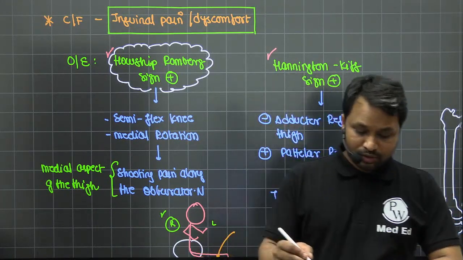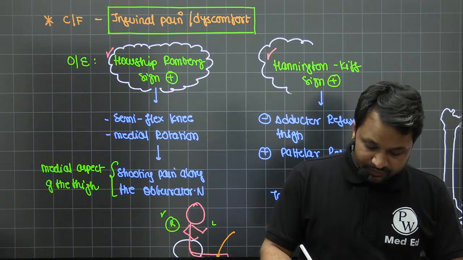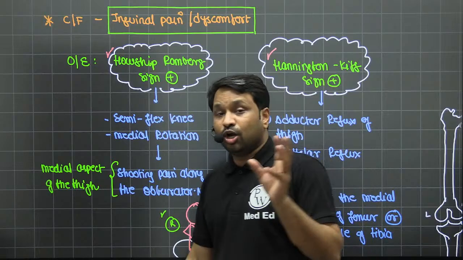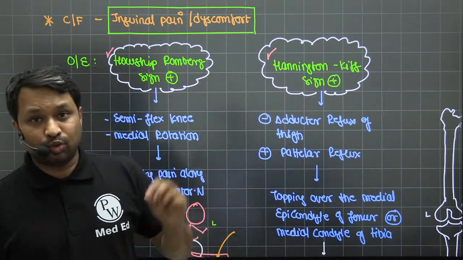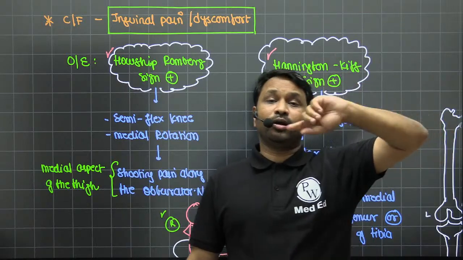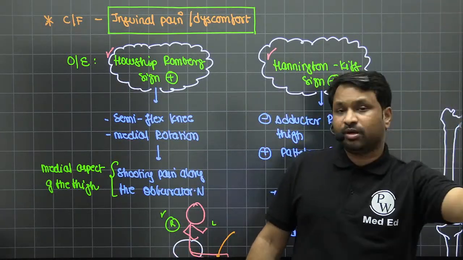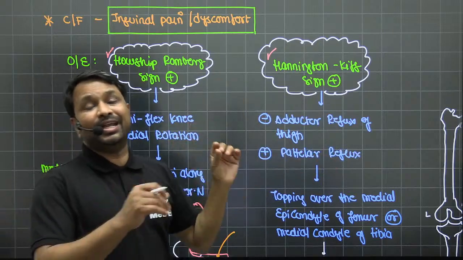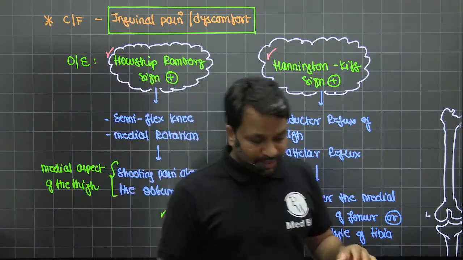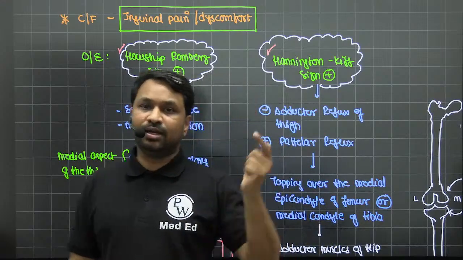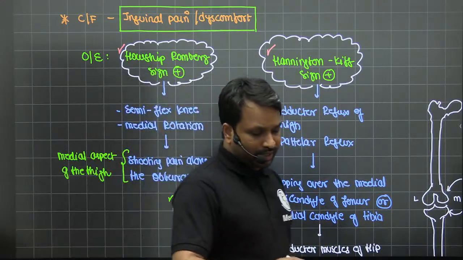That is your Howship-Romberg sign. The Hannington-Kiff sign basically checks the adductor reflex. The adductors of the hip get stimulated when you tap on the medial epicondyle of the femur, or the medial condyle of the tibia. When that is stimulated, it again tells you there is obturator nerve compression. So two important signs clinically, Howship-Romberg sign and Hannington-Kiff sign. Both are seen in obturator hernia.